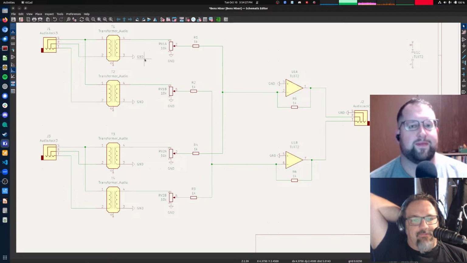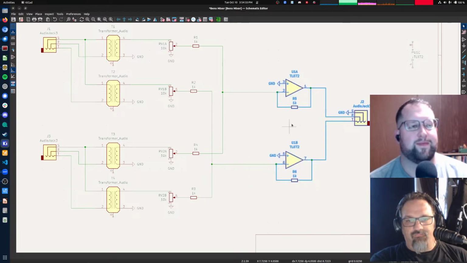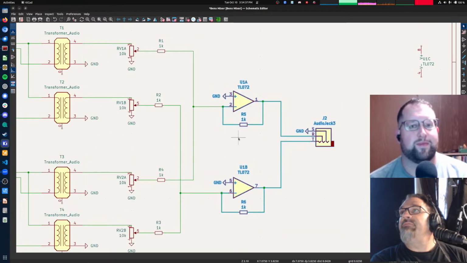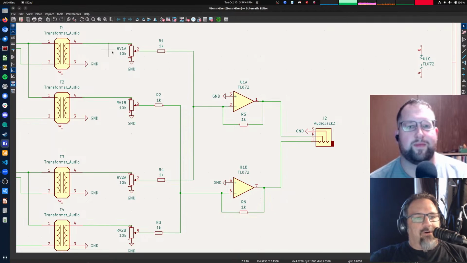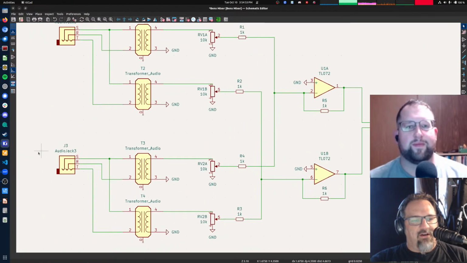Okay. So what in the heck did I just do? Bring these in a little bit closer, and actually I'm going to zoom in a bit more so that we can see it because it didn't look like it was streaming well. So we still have the signal coming in through the pot, going in through a series 1K resistor, through the bus, through the other 1K resistor, through this pot, and back out to the other audio.